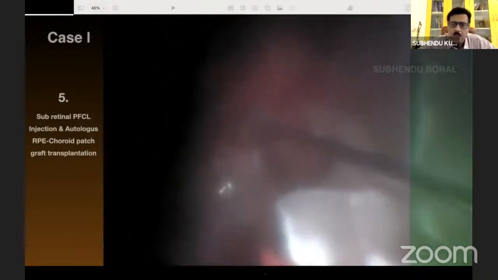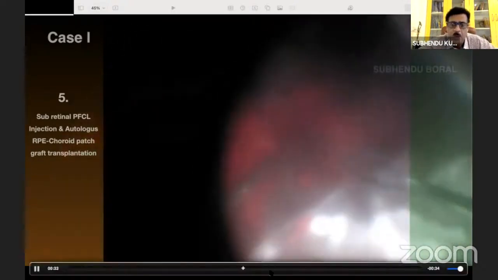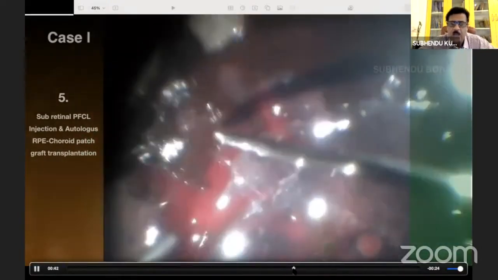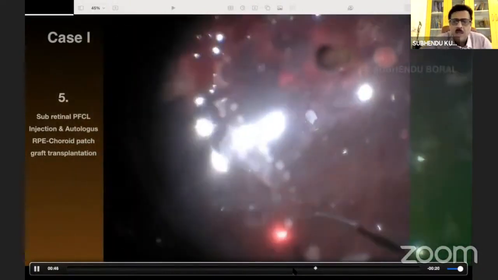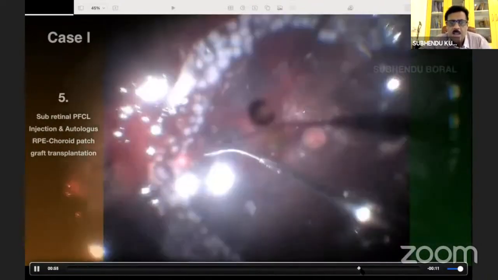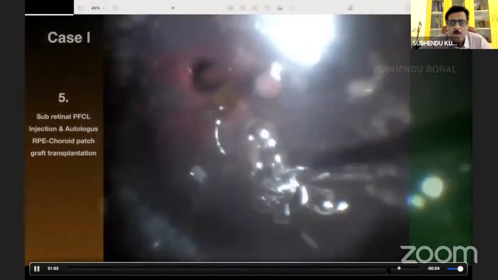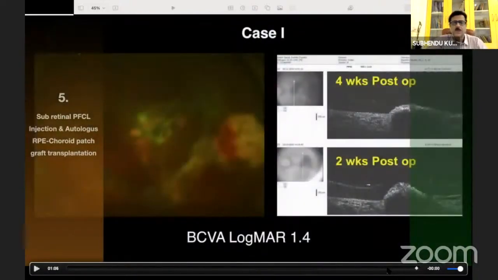You have to remove the PFCL after placing the graft, and then again inject the PFCL to settle the retina, do fluid exchange, and do laser after removing all kinds of ooze, and after doing all the 360 laser barrage, treat it as a giant retinal tear, like taking care of those cases. After removal of the PFCL, you can inject the silicone oil 5000, and postoperatively the patient is doing okay.